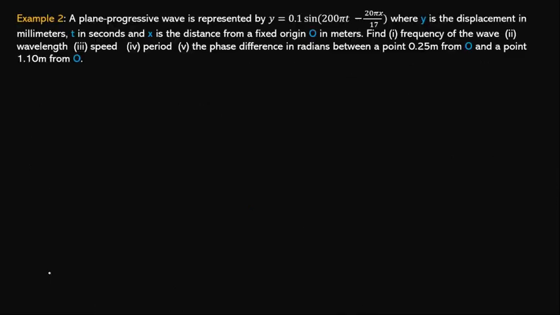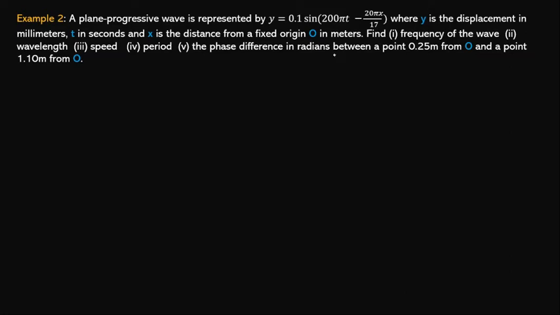So let's go ahead. Example number 2: a plane progressive wave is represented by y is equal to 0.1 sine (200 pi t minus 20 pi x on 17), where y is the displacement in millimeters, t is time in seconds, and x is the distance from a fixed origin O in meters.